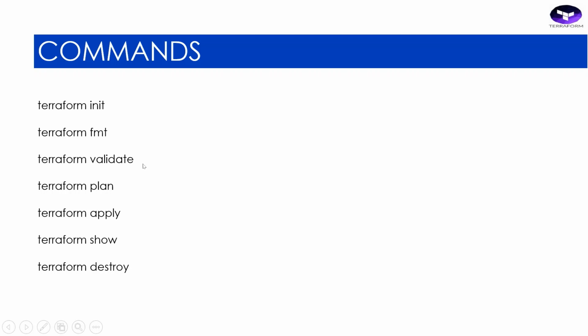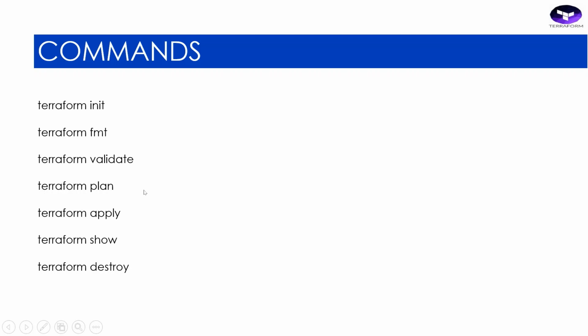With the help of terraform plan, we can see what exactly is going to happen: the number of resources going to be created, changed or destroyed. That plan is very important, especially in production or when moving from one environment to another. If you are making changes, especially in production, make sure you review the plan before apply.